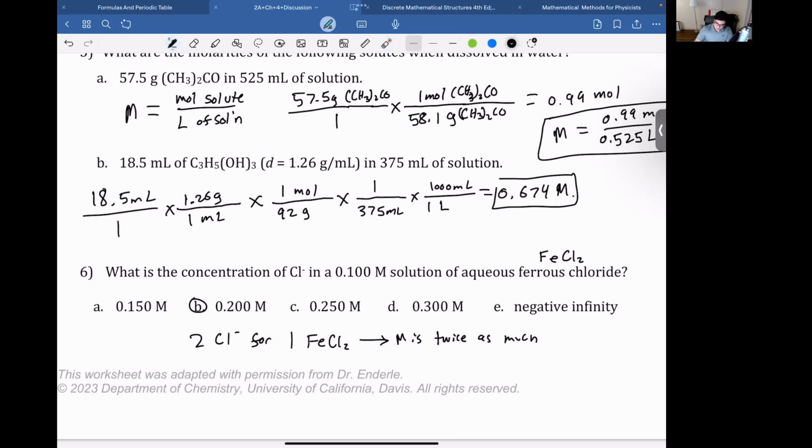So we start with 1 molar FeCl2. Then for every 1 molar of FeCl2, I have 2 molar chloride ions. And it's because, again, the volume is constant. I cannot stress that enough.